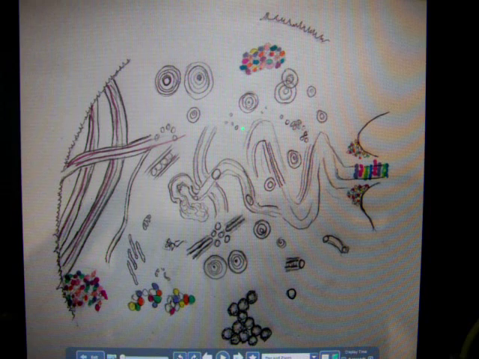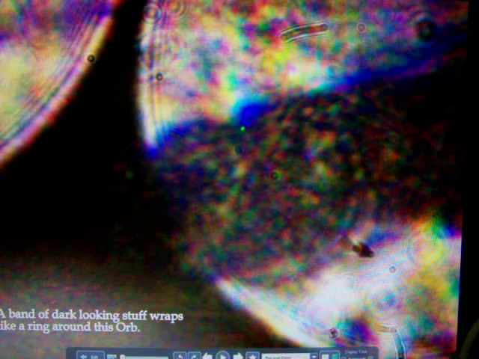Before, it was just black and white and gray until the colorful bubbles started coming into it and giving it all kinds of color. Maybe it's us who colors our world. And there's a band of those bubbles around this orb, and there's another band. It's like a belt around the orb.